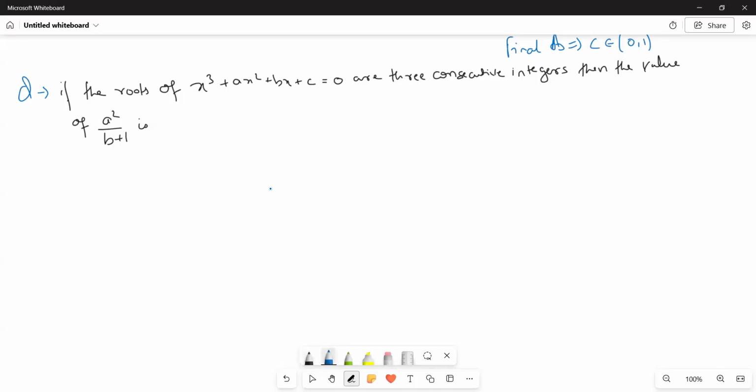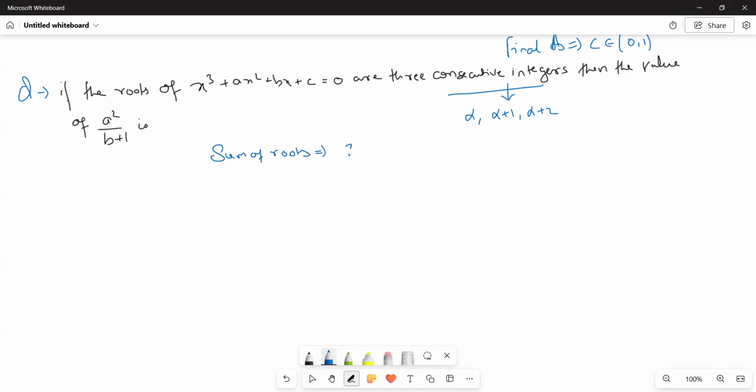Okay. We solve it like this. If the roots are three consecutive integers, what can we take the roots as? Alpha, alpha plus 1, alpha plus 2. So in that case, what would be the sum of the roots?